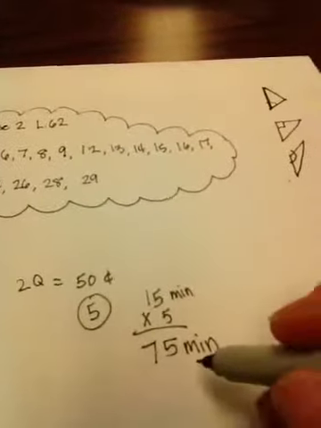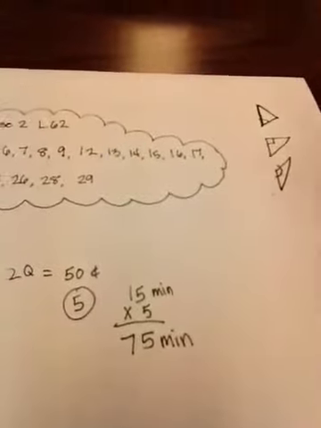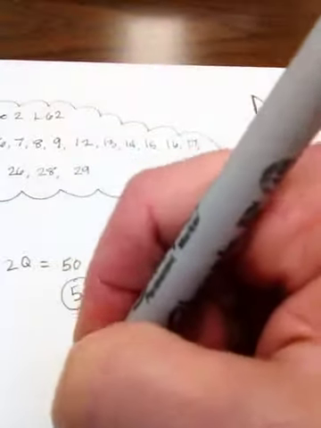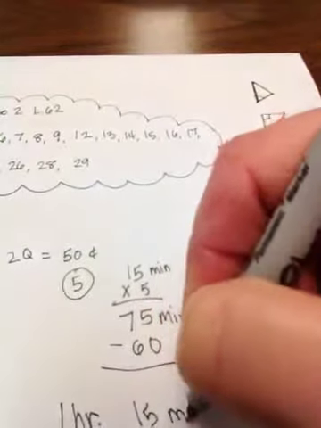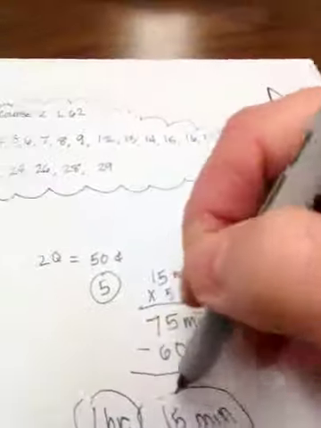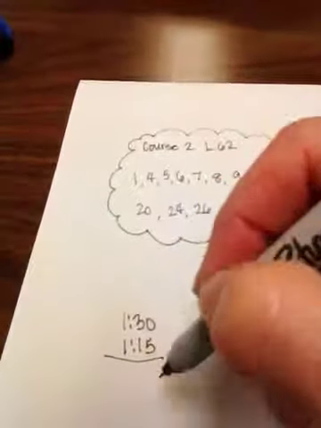So 75 minutes. If I want to change that to hours and minutes, we would take 60 minutes away, right? Because we have 1 hour then, plus 15 minutes. So let's add 1 hour plus 15 minutes and see what we get.